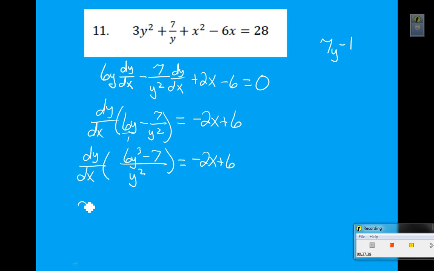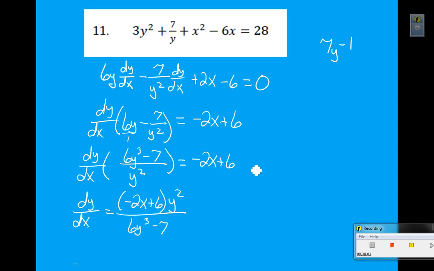Now to bring it home, I'm going to multiply both sides by the reciprocal. So it's going to look like this. I'm going to have negative 2x plus 6. Notice that I'm putting those in parentheses because they belong together, times y squared over 6y cubed minus 7.